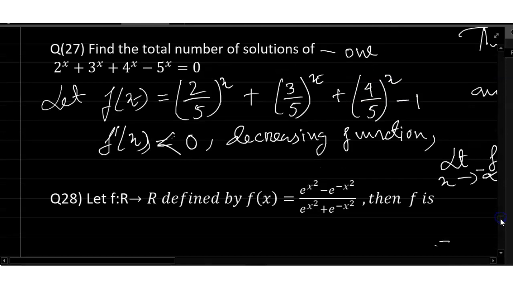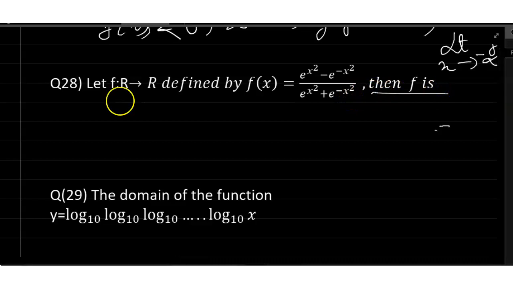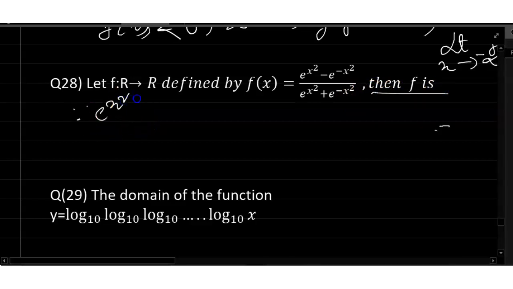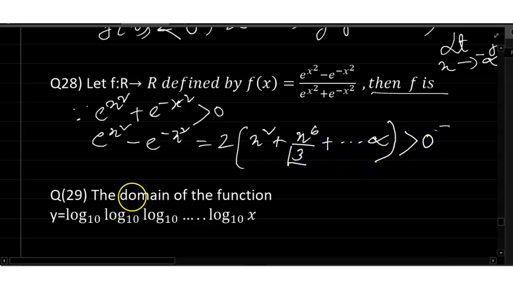Next problem: let f from R to R be defined by f(x) equal to e to the power x square minus e to the power minus x square divided by e to the power x square plus e to the power minus x square. Then f is the value of, therefore e to the power x square plus e to the power minus x square is greater than 0, and e to the power x square minus e to the power minus x square is 2 of x square plus x to the power 6 divided by 3 factorial plus and so on, that is greater than 0.